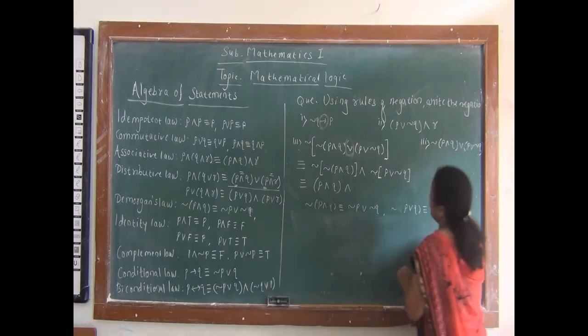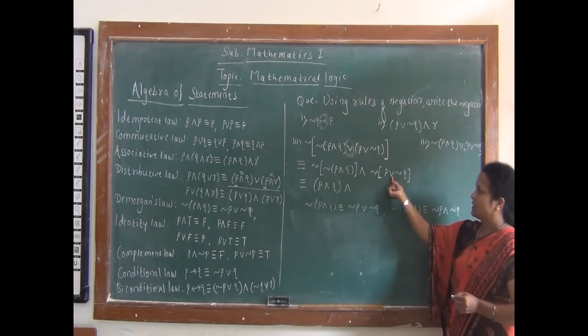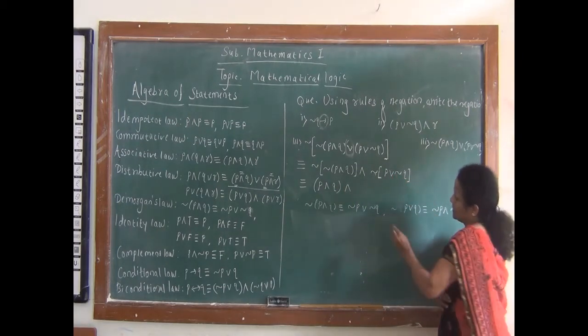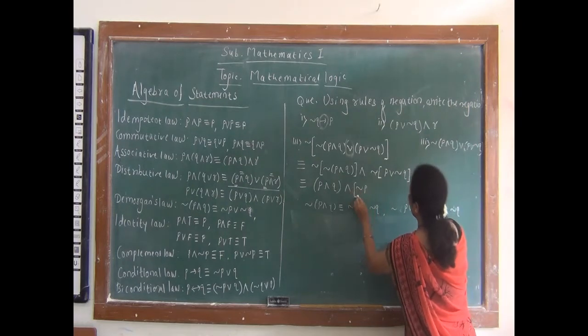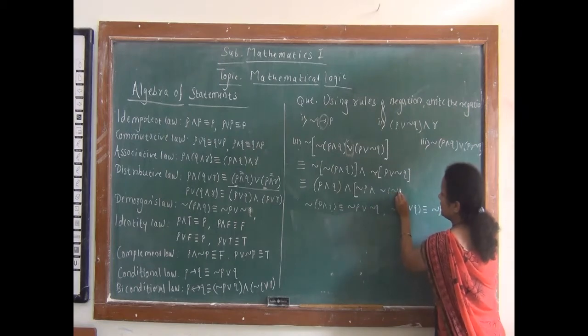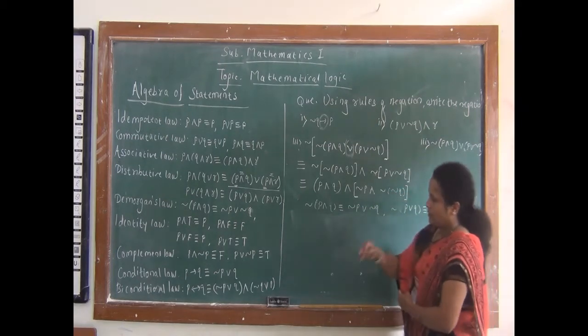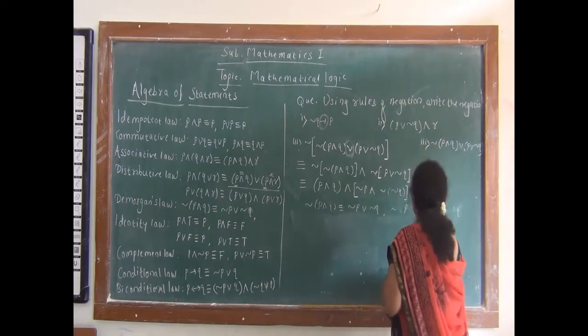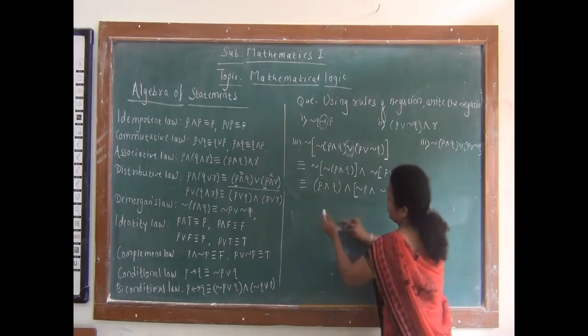And here we use negation of this disjunction again. So this gives negation P. This all is replaced by and, negation of negation Q. And so we simplify this step again.